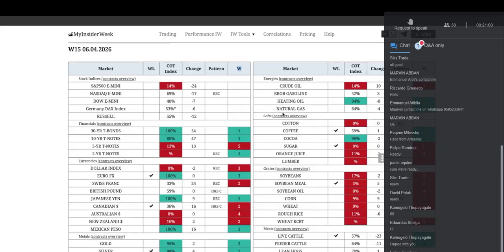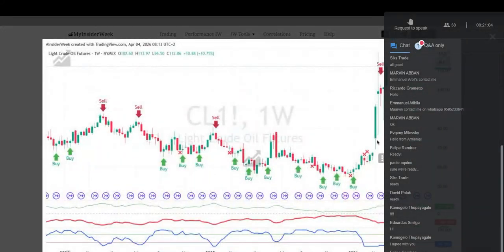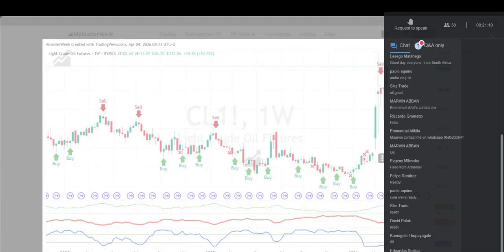So, and here you can see the crude oil made here a uptrend, and we got here a buy signal. So on the beginning of the trend, we got here a buy signal. So if you trade here some breakout level, you can trade this market. But the problem is with this market, with crude oil, this market has not so clean COT signals. What I mean by that? Let's have a look here.